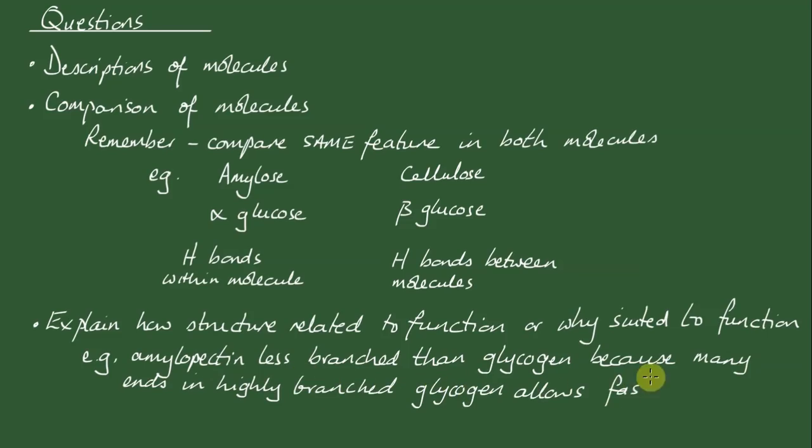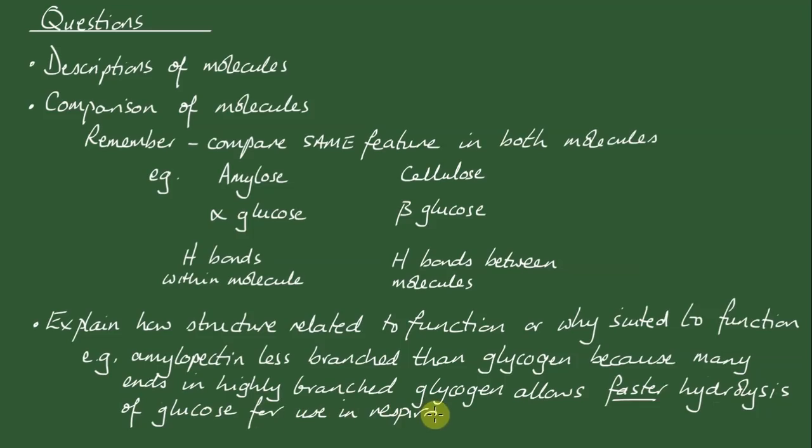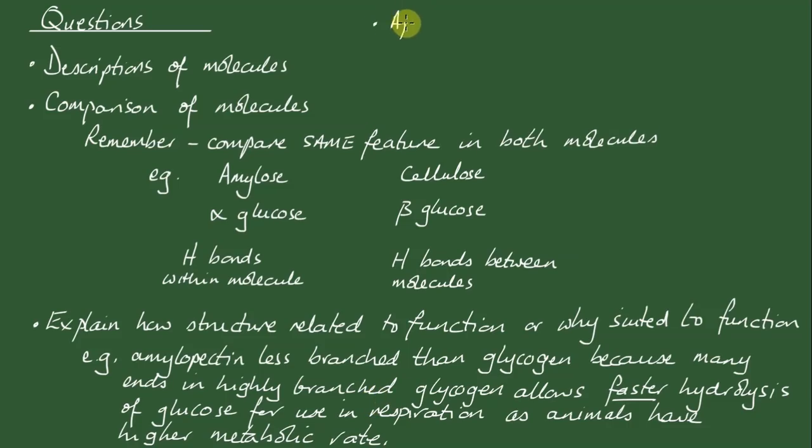Here's a slightly higher version of an explanation, and that is why glycogen is more suited for animals than amylopectin.